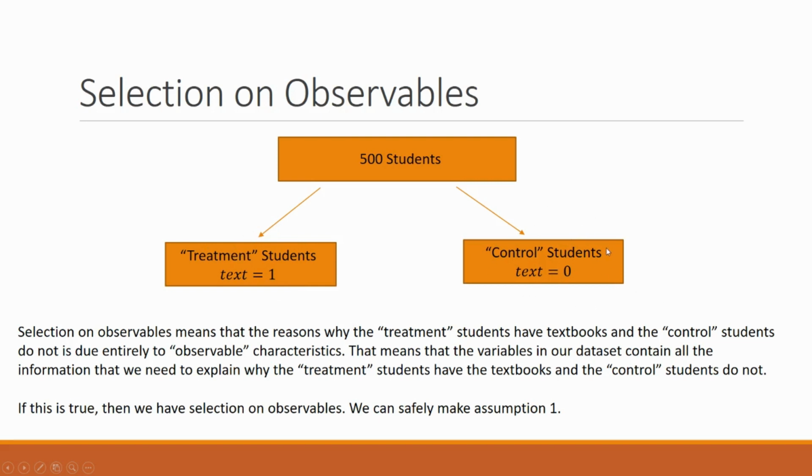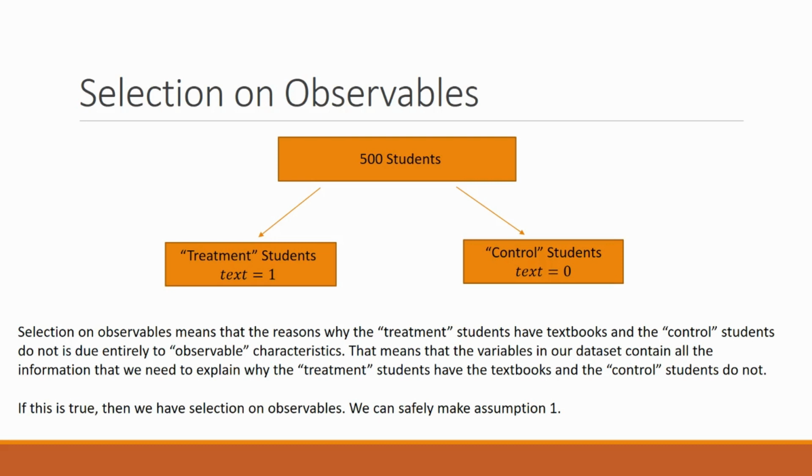If the only thing that determines that is income, then we have selection on observables, because we can observe how much income the family of these students have.